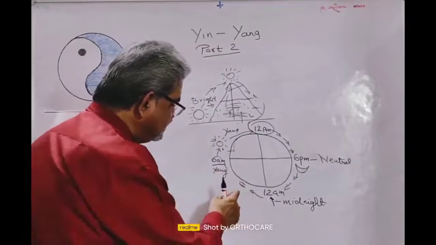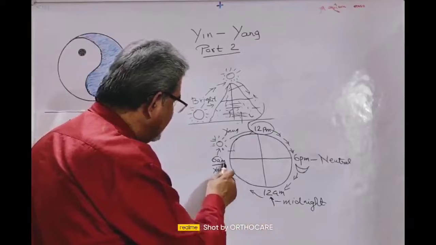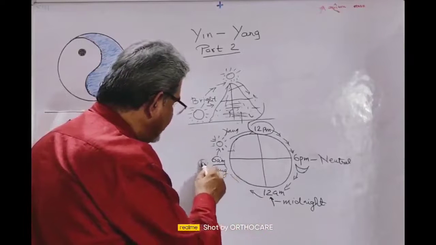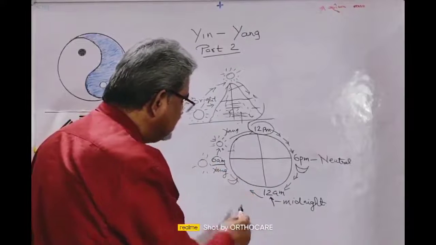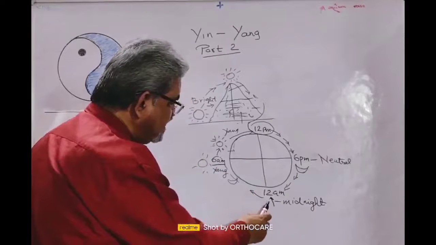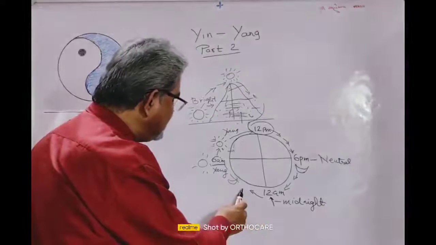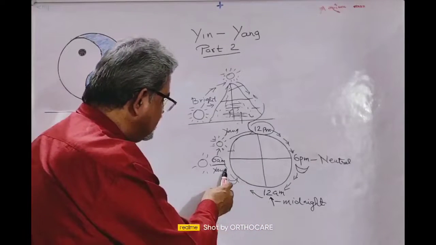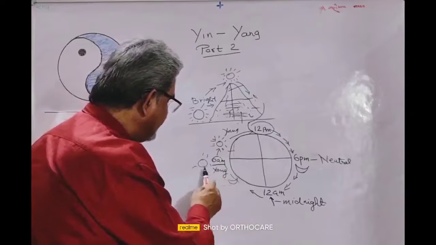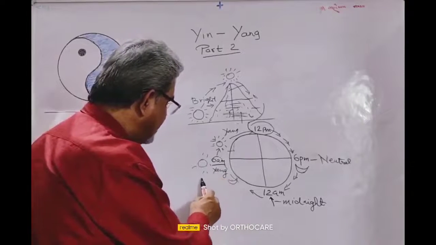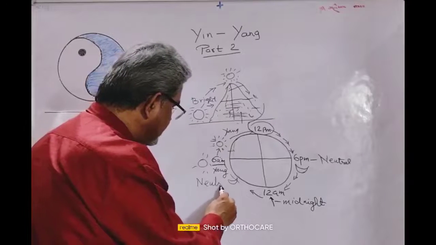So the moon goes up, and the sun rises. Here the moon is in full yin, and the moon is being consumed by the yang. So at 6 am it is totally consumed by the yang, and it is the starting of yang, so it is said to be neutral.